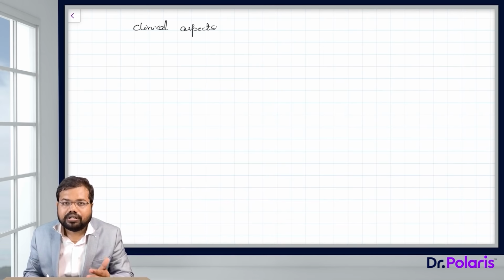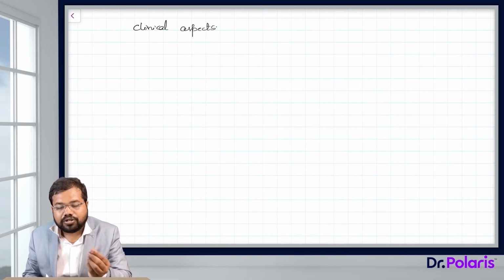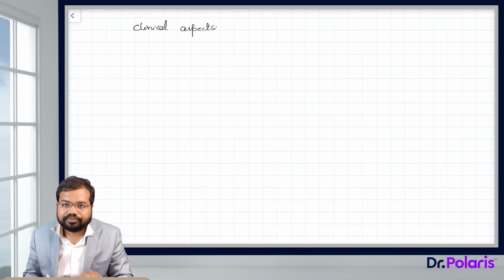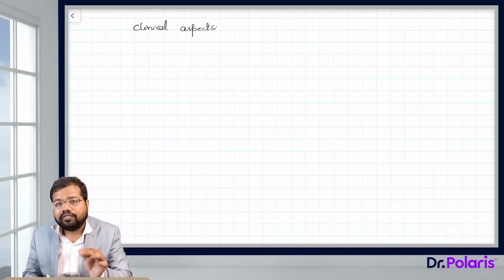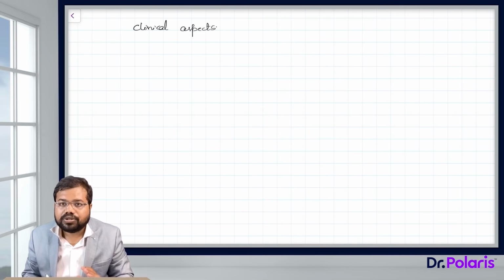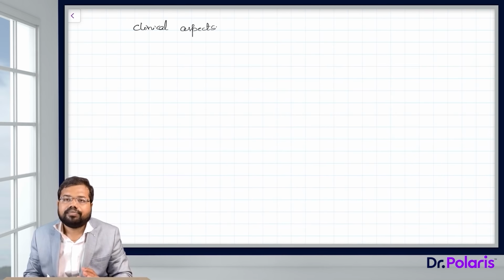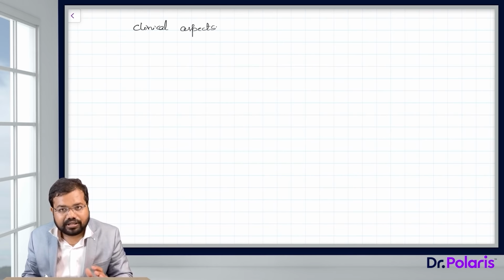Whenever it is ruptured, there may be damage to the pleural cavity also sometimes. Then there will be a fistula between the thoracic duct and the pleural cavity, and hence whatever lymph is collected in the thoracic duct will also drain into the pleural cavity. That's the first chance, where surgery is the reason.